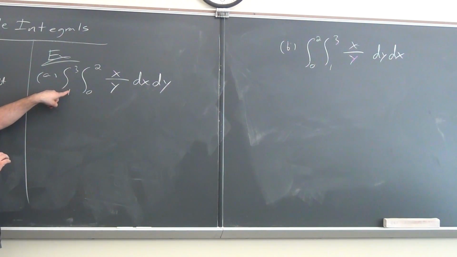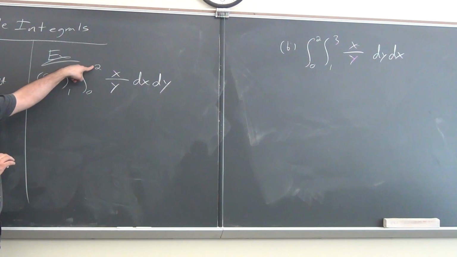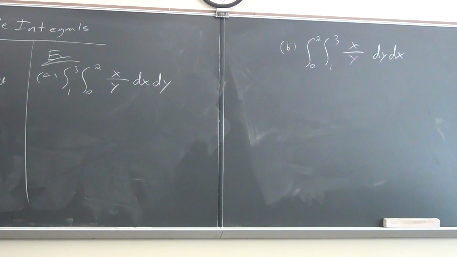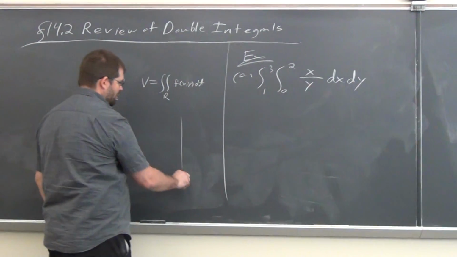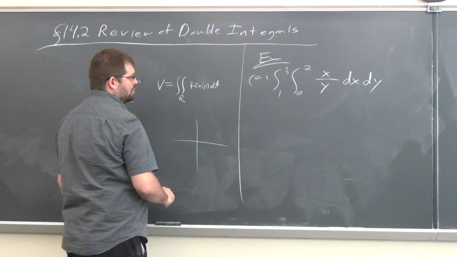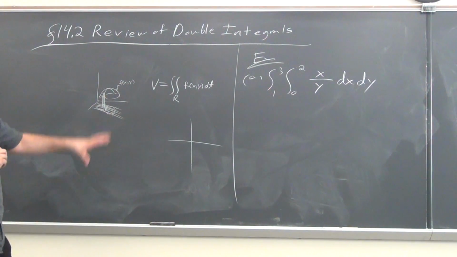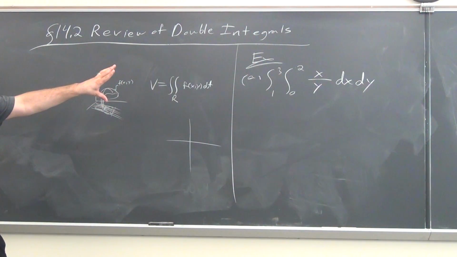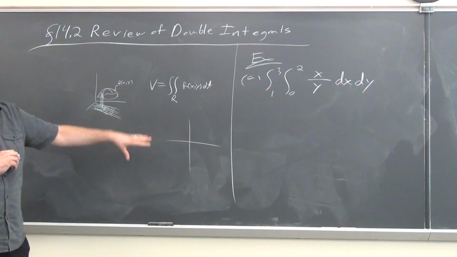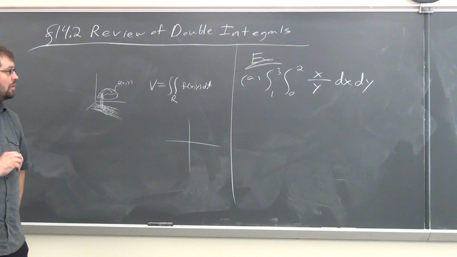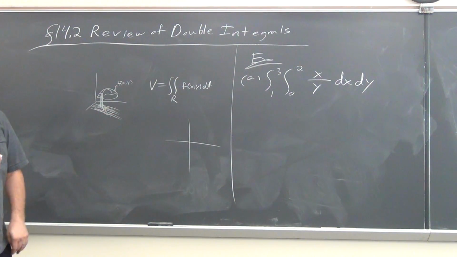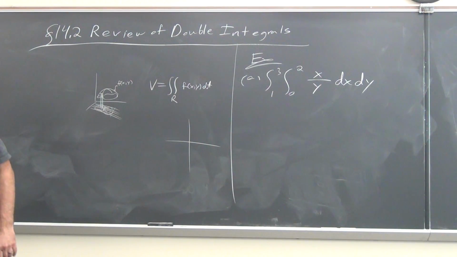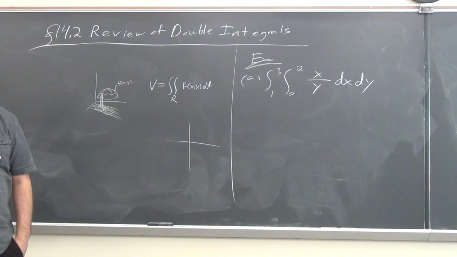So we're saying 1 to 3, 0 to 2. So this is a double integral, but what's the R that it corresponds with? How do I translate that 1 to 3, 0 to 2, and the dx dy into, in this case, a rectangle? Okay, good.